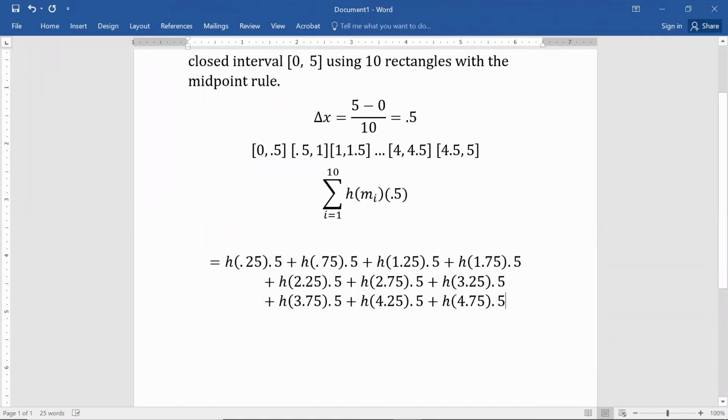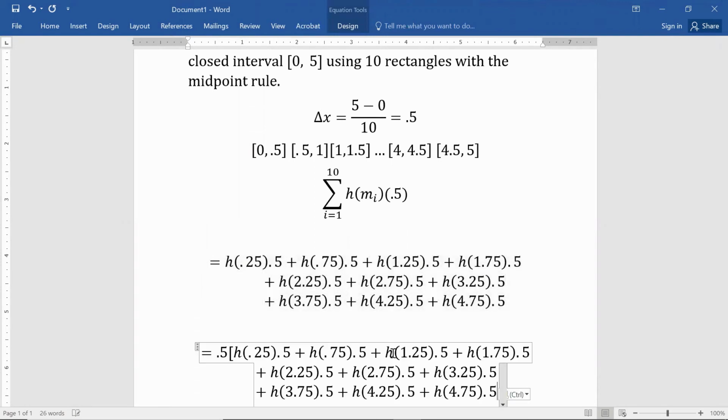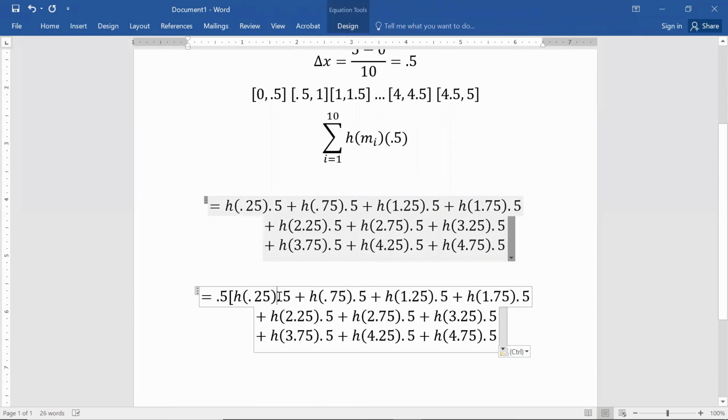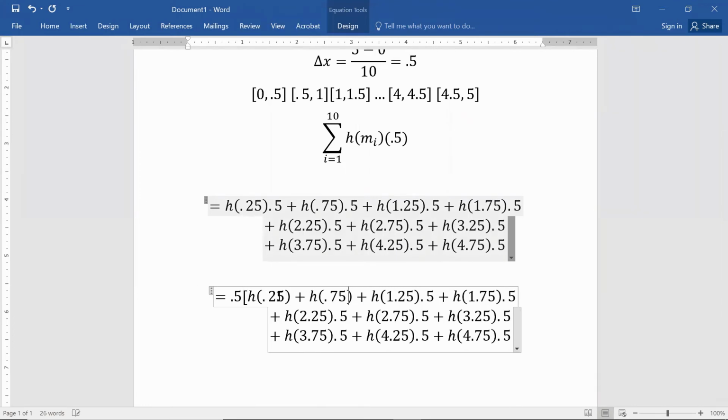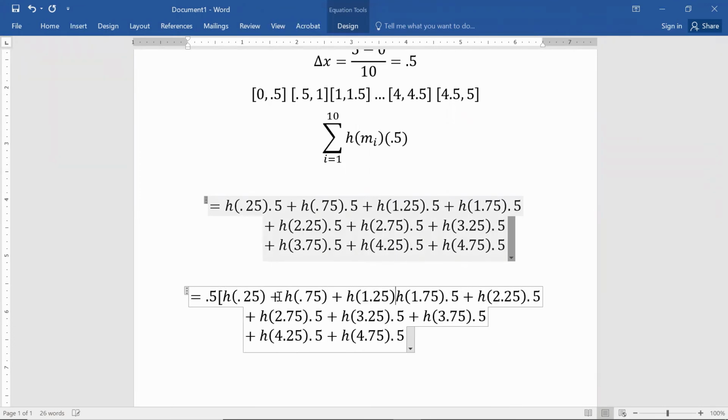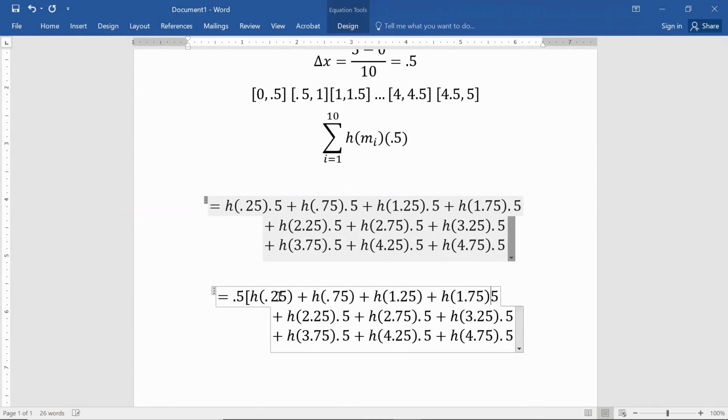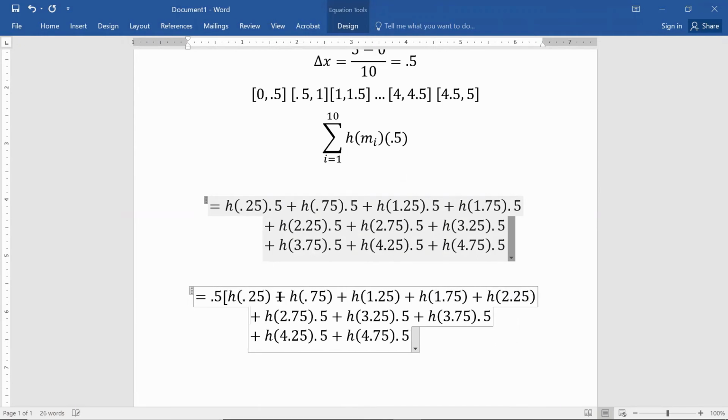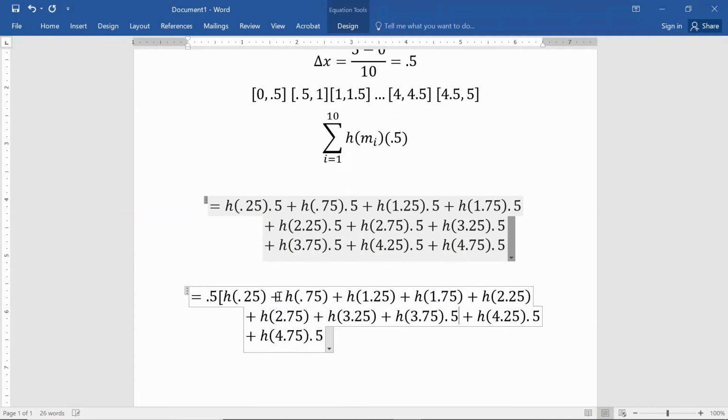I can do the same trick I did last time and factor out a 0.5 and then add all 10 of my heights together. I'm going to do that in this manner. This does take a minute, as you can clearly see. But it is shorter than some other things we could do.